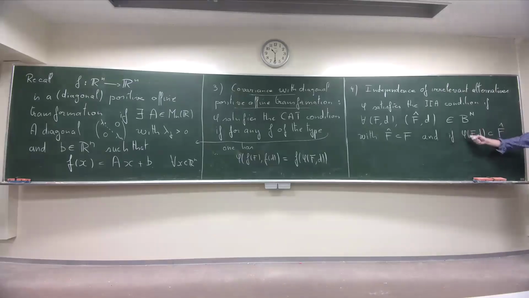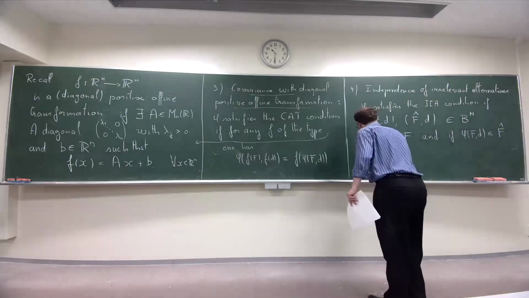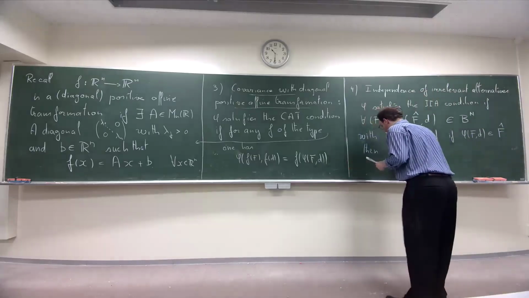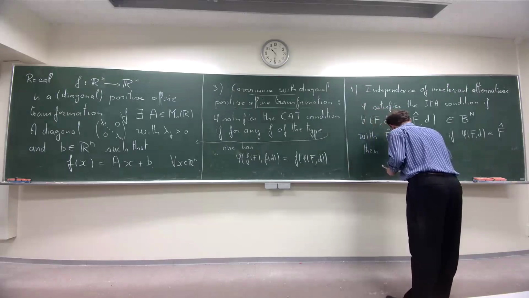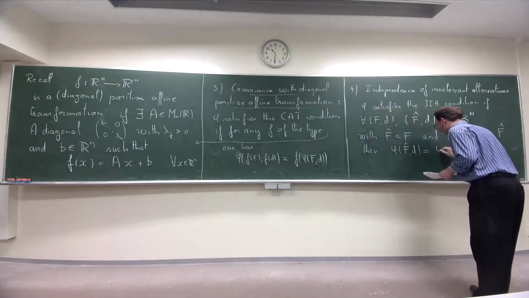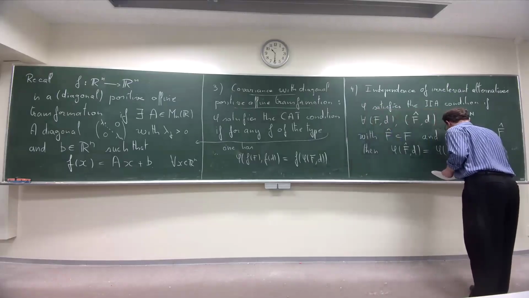You suppose this is a point in Rn, but you suppose that this point is in fact inside this one. You know that it should be in F, but you assume that it's inside this one. Then phi of (F hat, d) has to be equal to phi of (F, d).